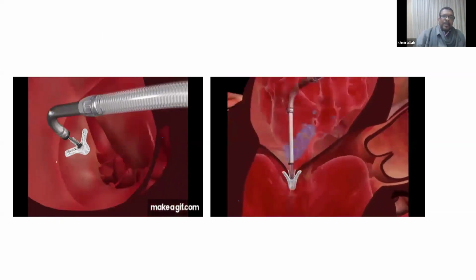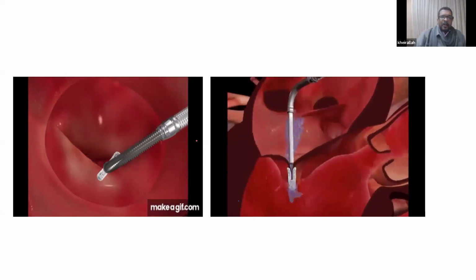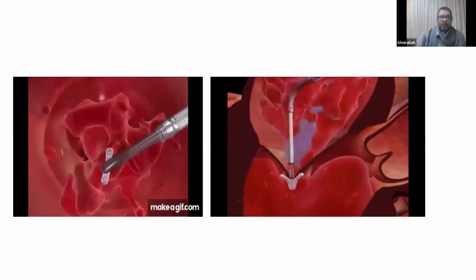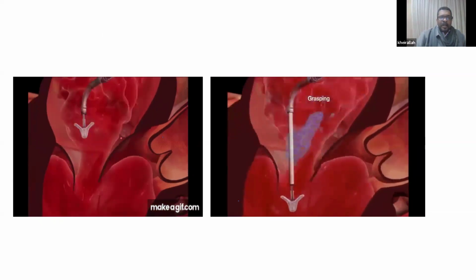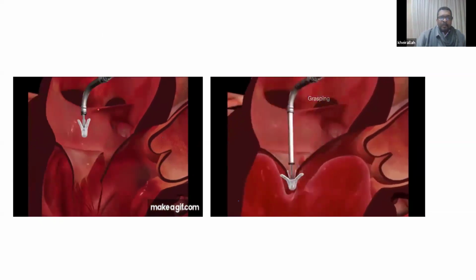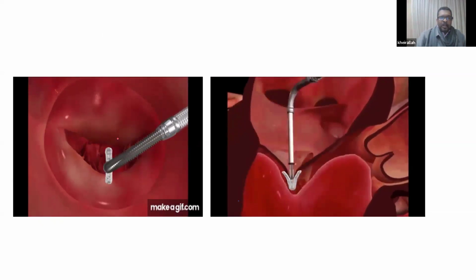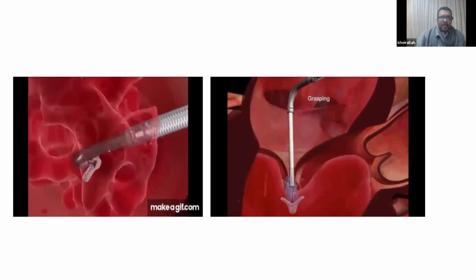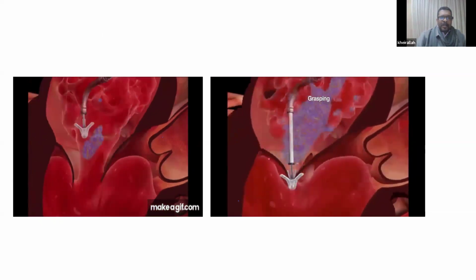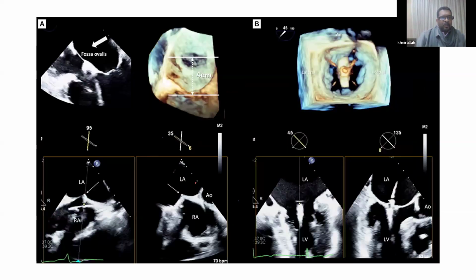If we look at it here, these are schematics or quick demonstrating videos of the mitral clip. You see the mitral clip, they open it, they position it, they assess the perpendicularity, they assess where the jet is, and they deploy it. So this procedure isn't easy. It takes on average two to 3 hours.